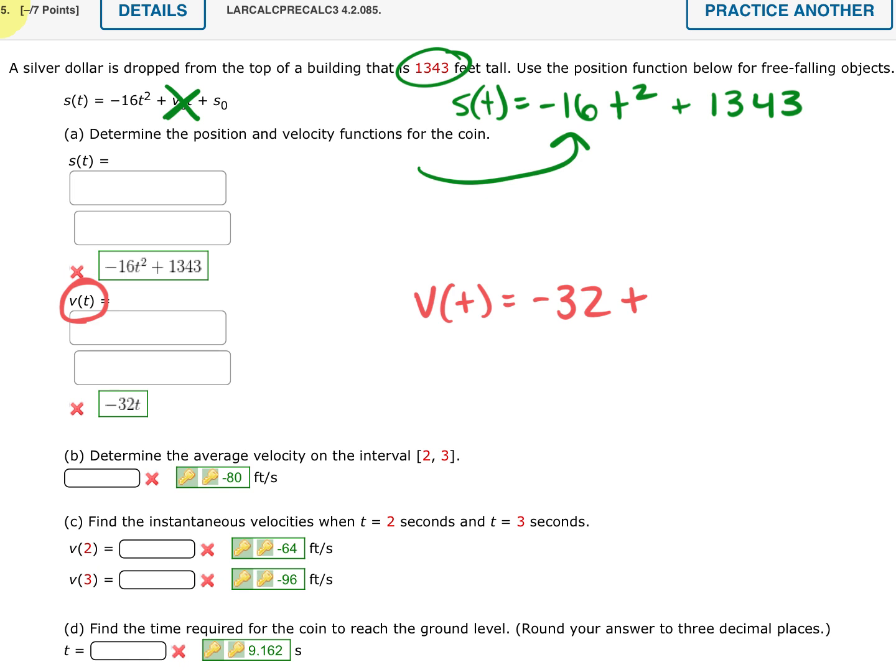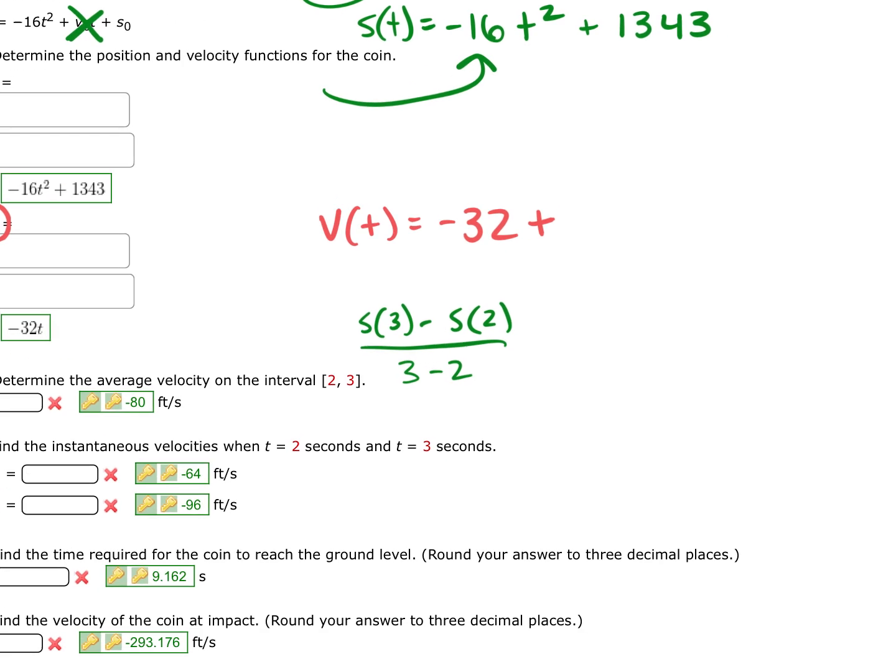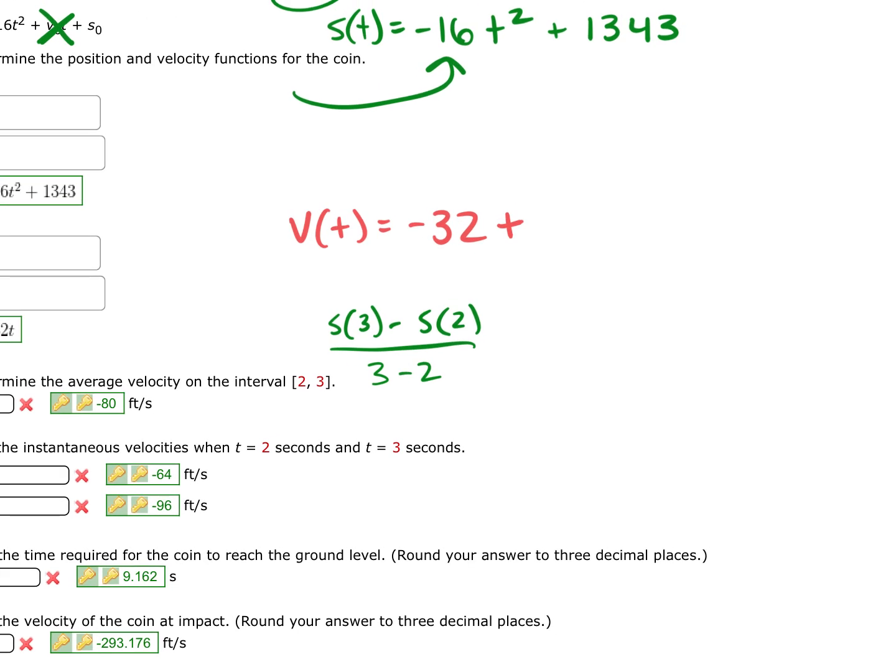For B, it says determine the average velocity on the interval from 2 to 3. So for average velocity, we're going to use the slope formula, but we plug into the position function. So we want to find s of 3 minus s of 2 over 3 minus 2. For this question, use a calculator. That's fine.